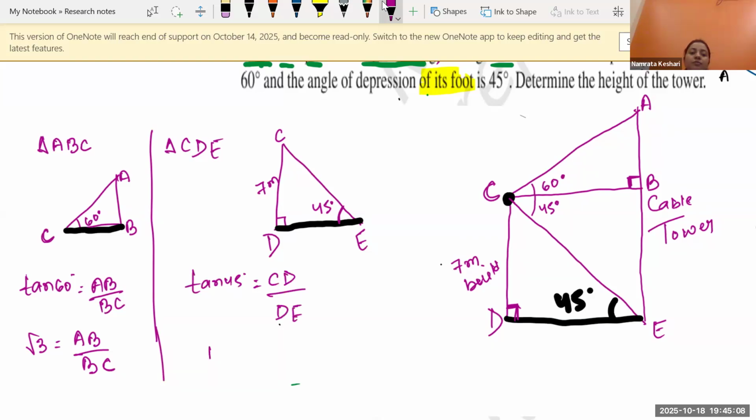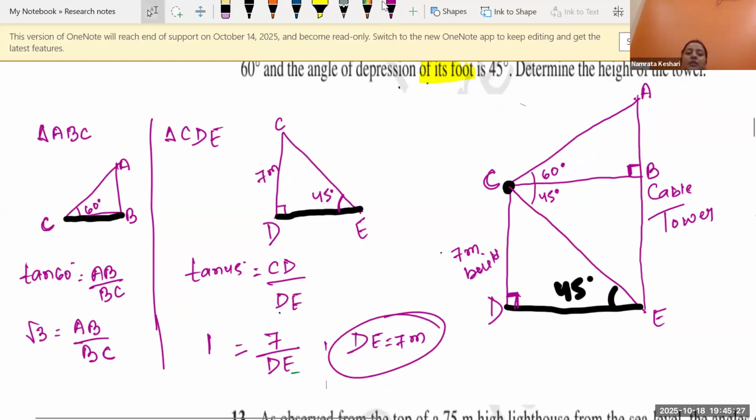Tan 45 is 1, opposite is 7, adjacent we don't know. And from here we'll be able to find DE, that is 7 meter. The moment we get DE as 7 meter, we know DE and BC both are the same, because a rectangle is getting created every time. So we can say DE is 7, from equation number 1.